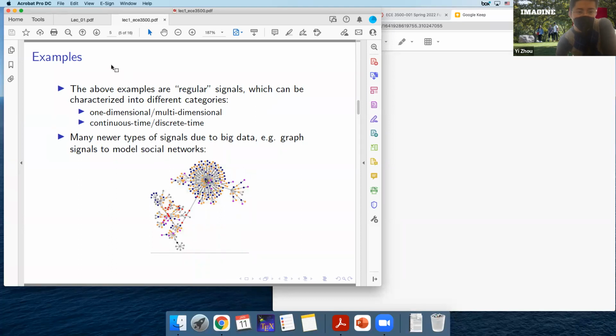Yeah, so the previous examples are pretty regular. One way to categorize them is by looking at their dimensionality: one-dimensional, multi-dimensional. The other is what we just discussed, continuous or discrete. But we call them continuous time or discrete time. It's just a convention.